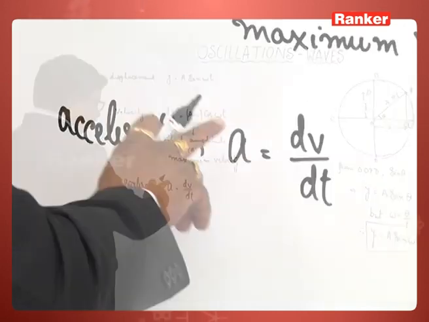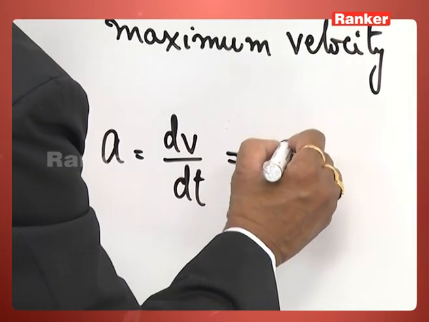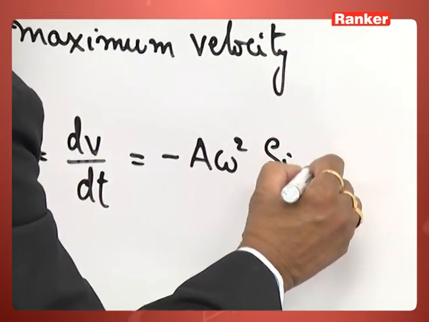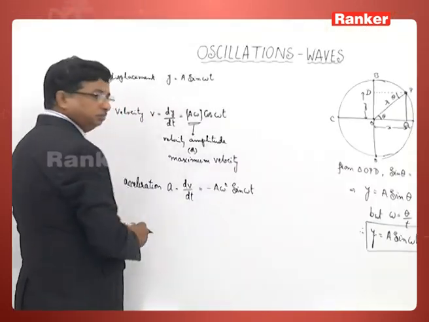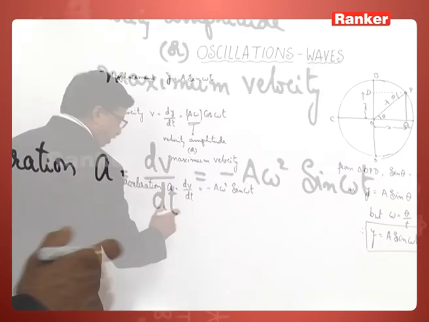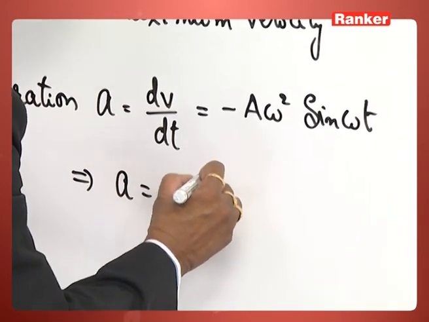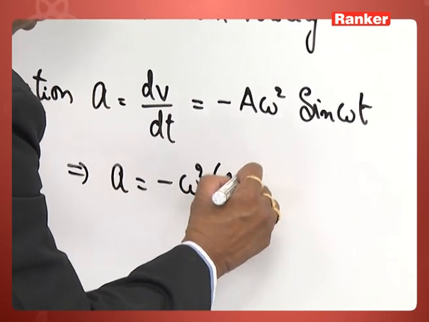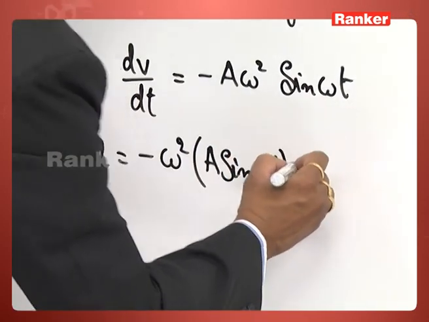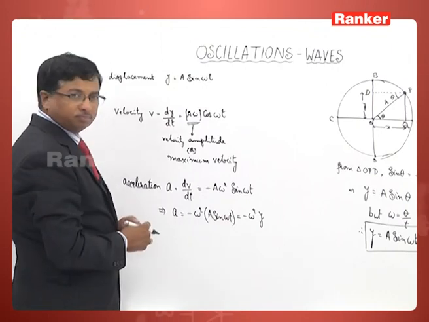So, when we take a as dv by dt, what is its equation now? Minus a omega square sin omega t. When you study this equation carefully, this can be rewritten this way: a is equal to minus omega square into a sin omega t, which is to be called the displacement. Therefore, minus omega square y I can write.